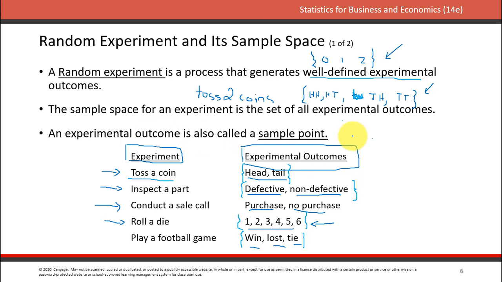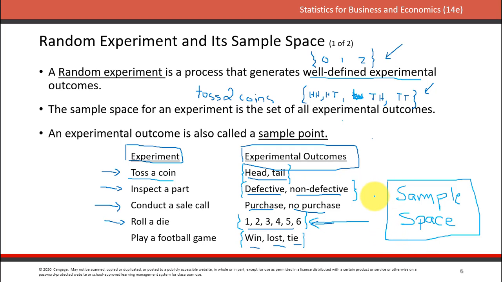So then these outcomes have a name. We want a nice word to describe the set of outcomes. I don't know exactly why we use this one, but it's called the sample space. The set of outcomes is called the sample space.